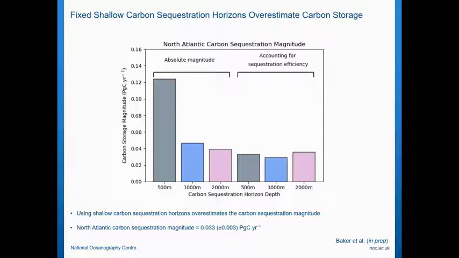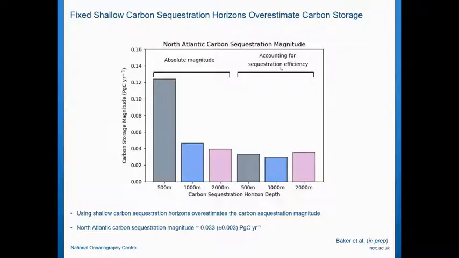Okay, so I was moving on to say that what I've done is to estimate this carbon storage magnitude in petagrams of carbon per year for the 3 different sequestration horizon depths using the Medusa organic carbon fluxes. And so this would be the absolute magnitude of estimated carbon sequestration.